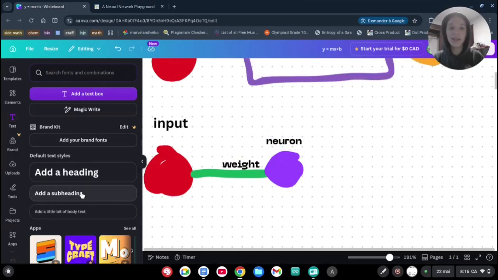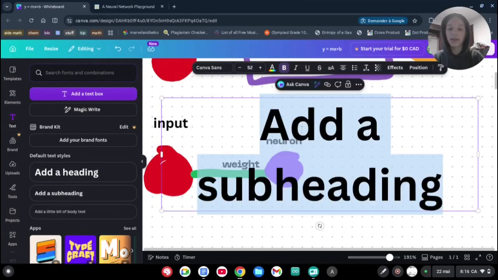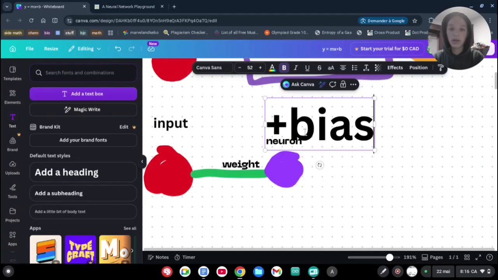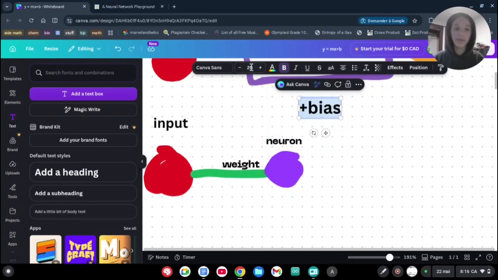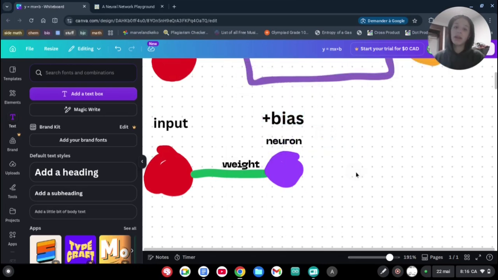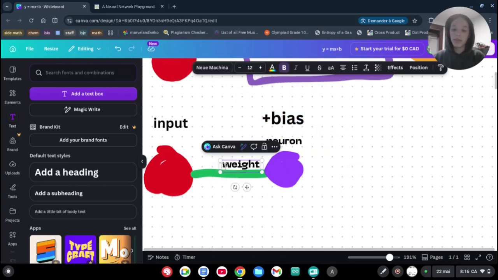Now, bias is also just a number, except instead of multiplying the neuron, you are adding it to the neuron. The neuron is probably technically defined only after you've added the bias, right? So times weight plus bias, and by the way, this is a really simple version.